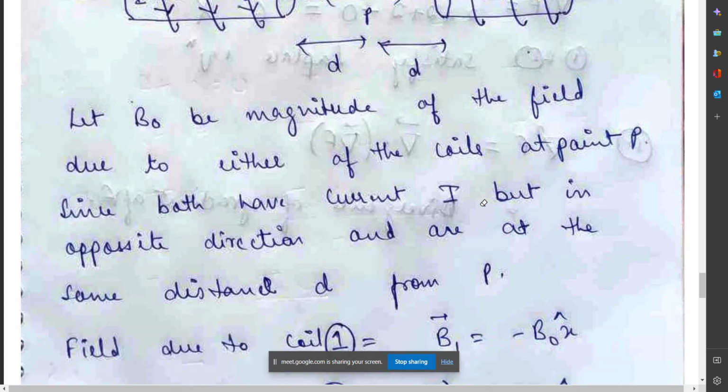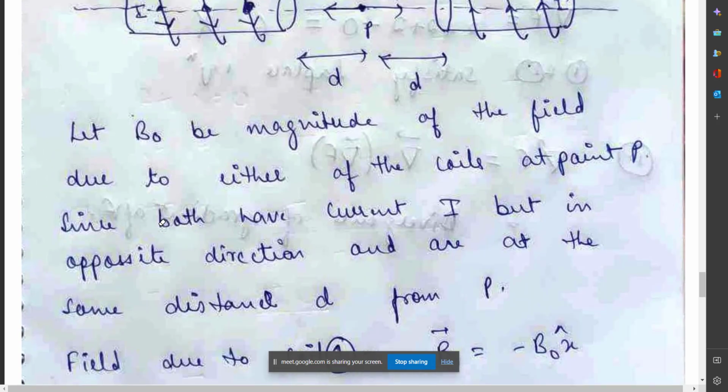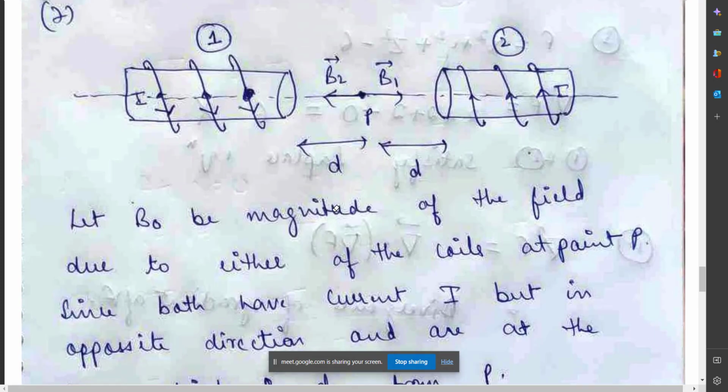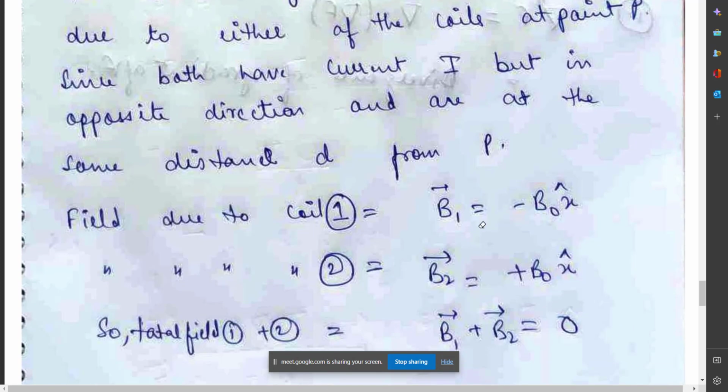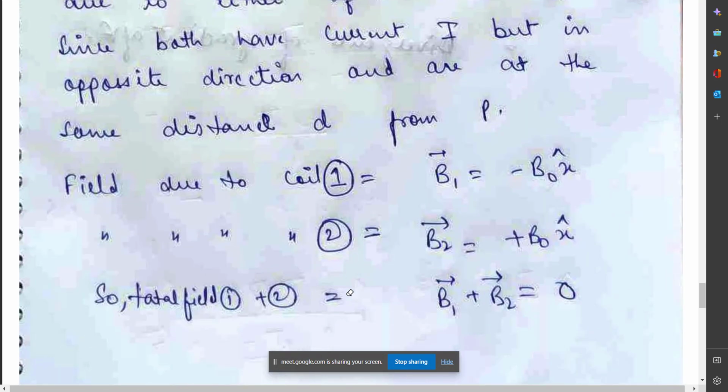Since both have current I but in opposite direction and are at the same distance D from point P, the field due to coil 1 will be B1 equal to minus B naught X cap, and the field due to coil 2 will be B2 equal to plus B naught X cap. So total field is B1 plus B2, which equals 0.